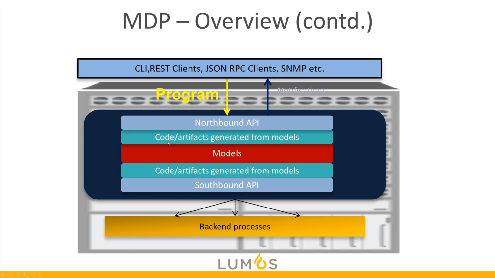The API essentially creates the code artifacts that are generated from the models. Those interact with the models, and then that uses the southbound API to actually program the backend processes.